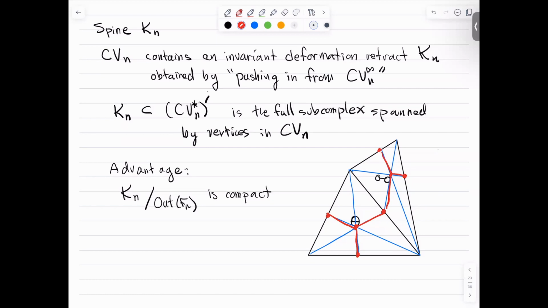And you get a deformation retract from outer space to the spine by just pushing in from the missing faces towards the faces that are there.